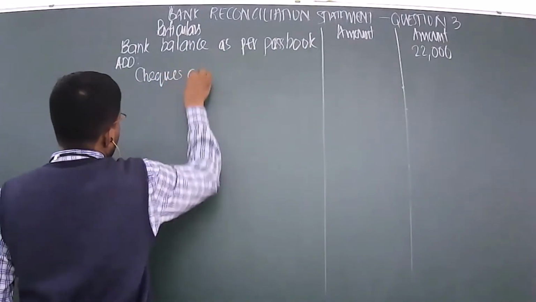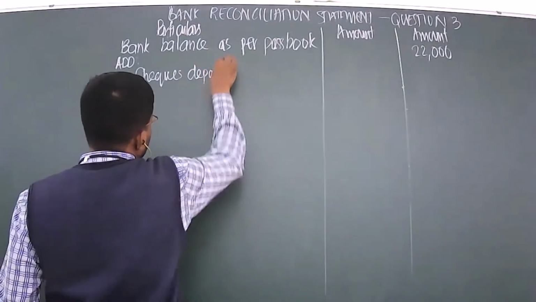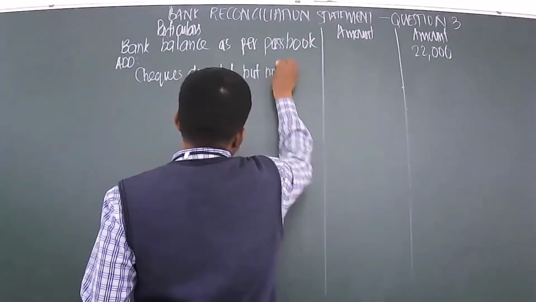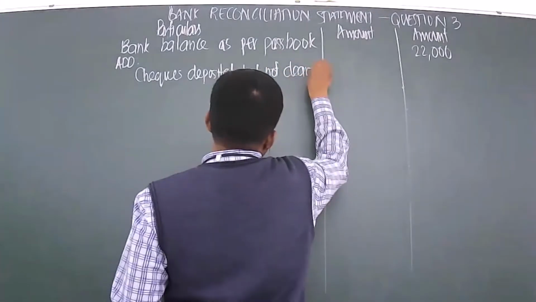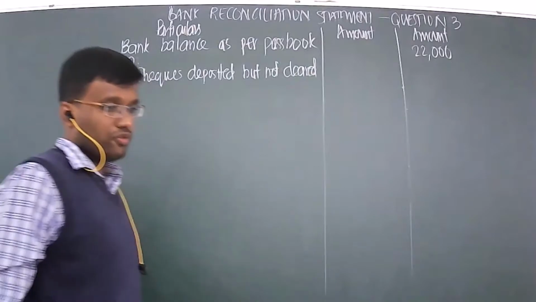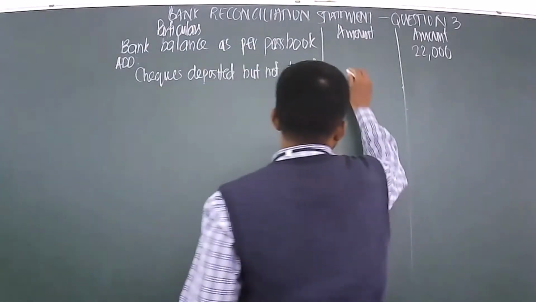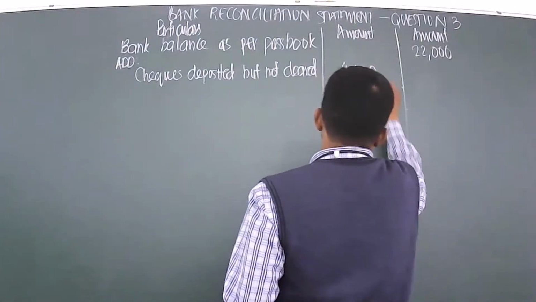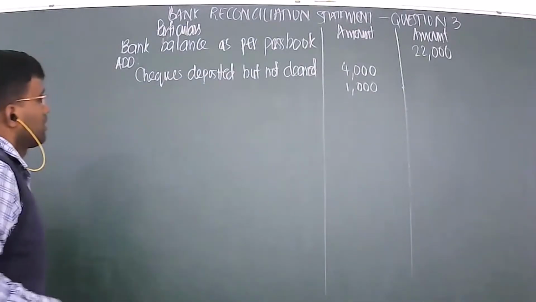Checks deposited but not cleared. And we have 2 checks, one worth 4,000 and the next worth 1,000.